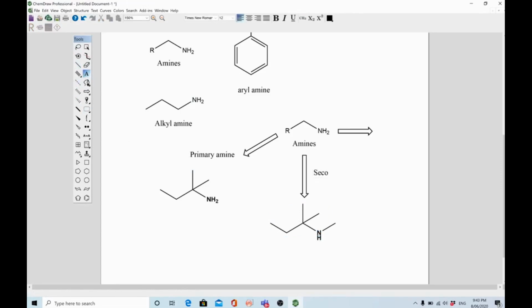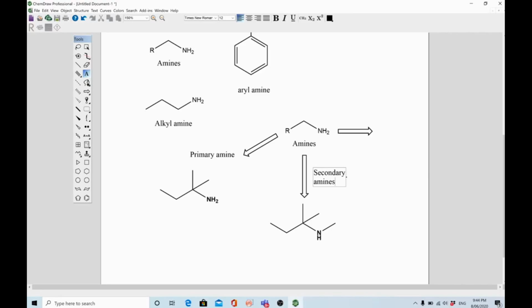By the way, these primary, secondary amines, you need to know these, because then I will make another video about acidity and basicity of organic compounds, where you have to determine which is more basic, primary amines, secondary amines, or tertiary amines. If you don't know what is primary amine, what is secondary amine, what is tertiary amine, then you will not be able to predict which is more basic.